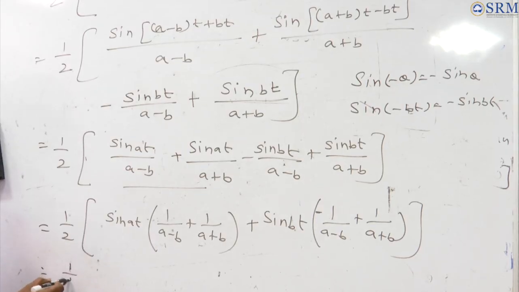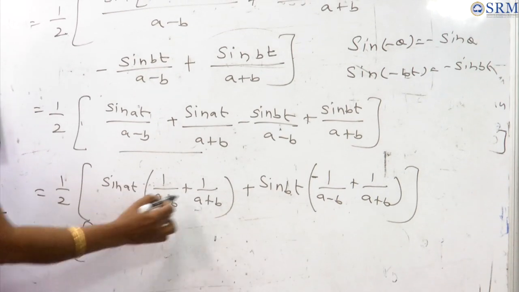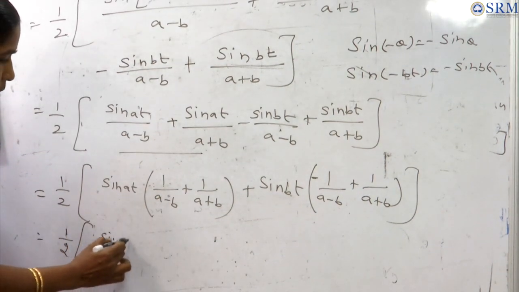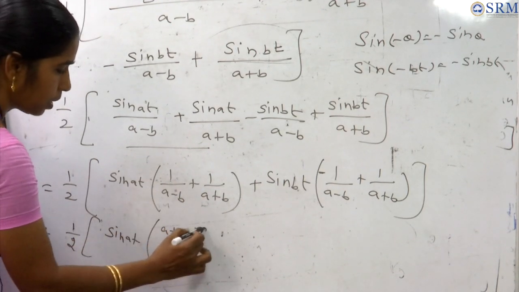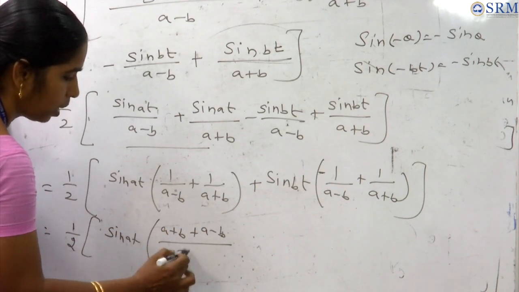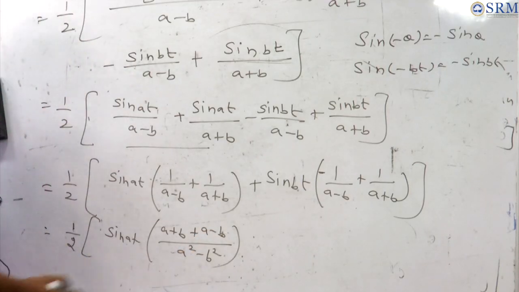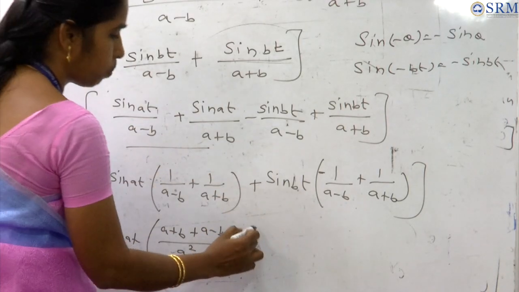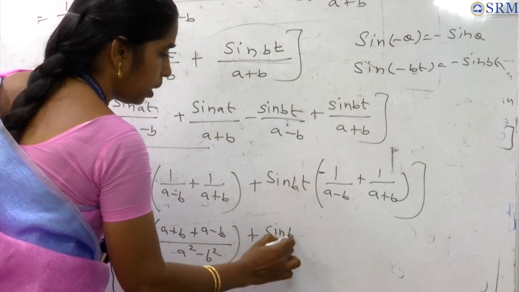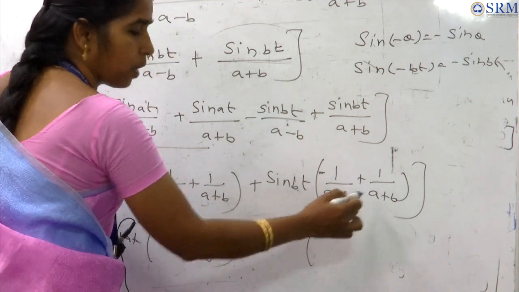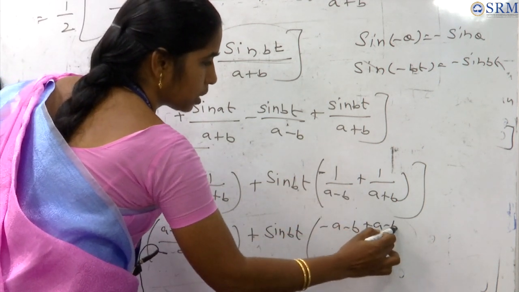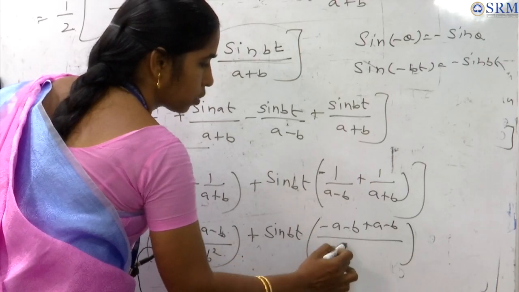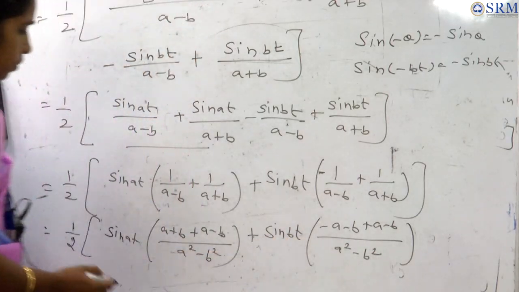So 1 divided by 2, (a plus b plus a minus b) divided by a square minus b square. Same thing in the second part also: minus (a plus b) plus (a minus b), divided by a square minus b square.